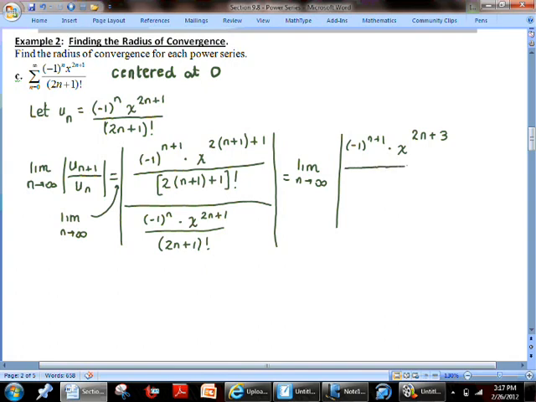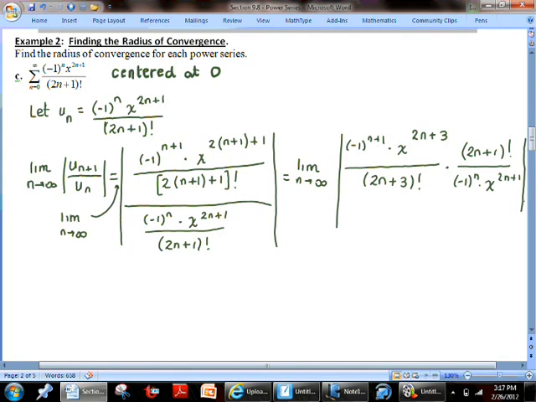And it would still all be divided by 2n plus 2 plus 1, or 2n plus 3 factorial. And then I would multiply by the reciprocal, which would give me a 2n plus 1 factorial in the numerator on top of a negative 1 to the n times x to the 2n plus 1.